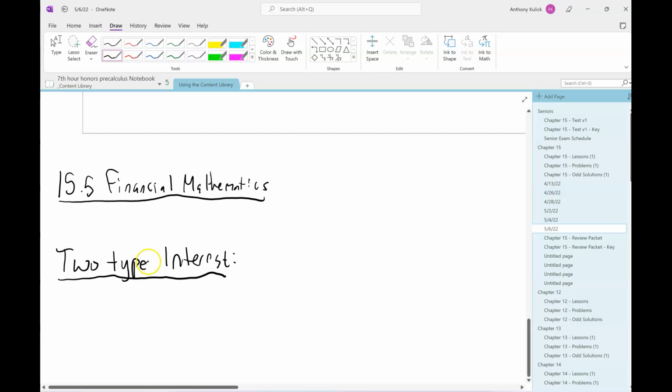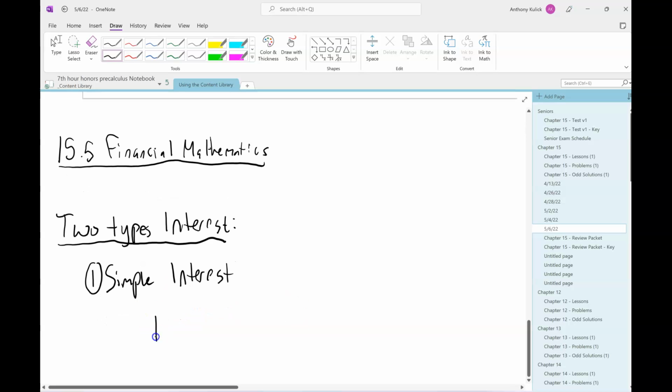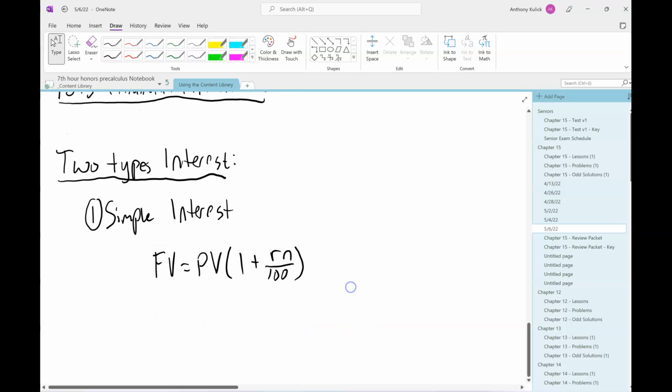So there's a couple of different types of interest. The first type is simple interest. In simple interest, you're earning interest only on your initial investment.